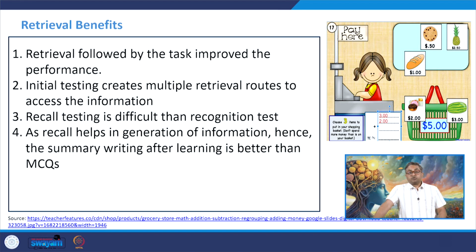Now see, it's two sides of one coin. The first side says that recall testing is difficult, difficult to remember, to retrieve.